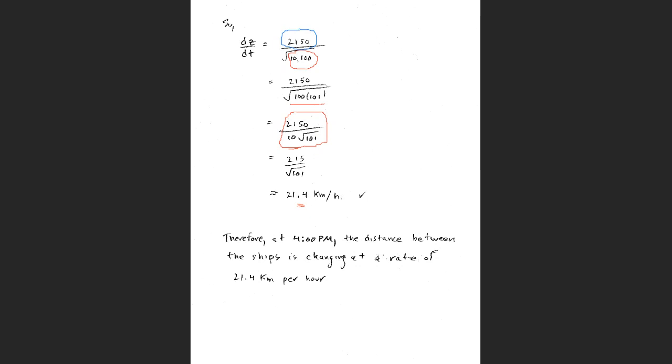And that is how fast the distance is changing. Therefore, at 4 p.m., the distance between the ships is changing at a rate of 21 kilometers per hour.